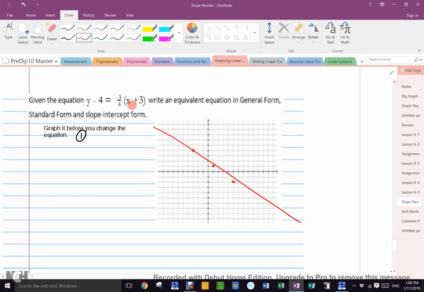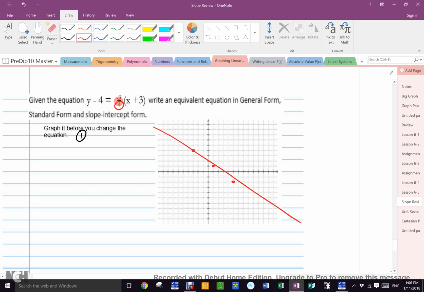Okay, I will paint the bathroom. If I say to you, paint the bedroom, you do not go into the bathroom and paint the bathroom. In this case, you have to look at what you are being asked to do and what you have to work with. So, since I have a fraction there, I'm going to go to general form first, which means I have to get rid of two things.